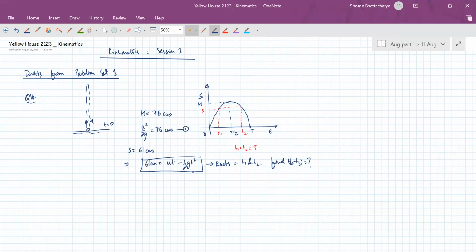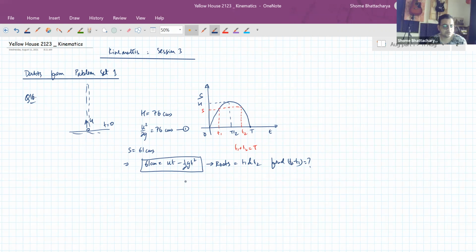Yes, sir. So we can just use this concept here. From here you can get the value of u as square root of 2 into 10 into 0.76. And in this equation you have 5t square minus ut plus 0.61 is equal to 0.